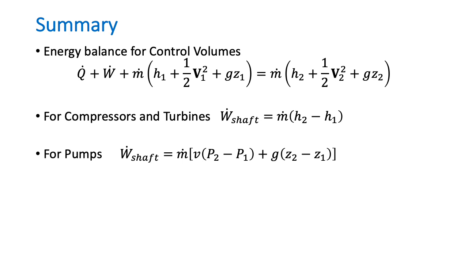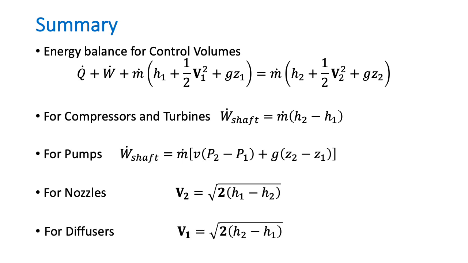This corresponds to the increase in pressure of the fluid, plus g (Z2 minus Z1), which corresponds to the increase in potential energy of the fluid. For nozzles, the exit velocity V2 is the square root of 2 (H1 minus H2). For diffusers, the inlet velocity V1 is the square root of 2 (H2 minus H1).